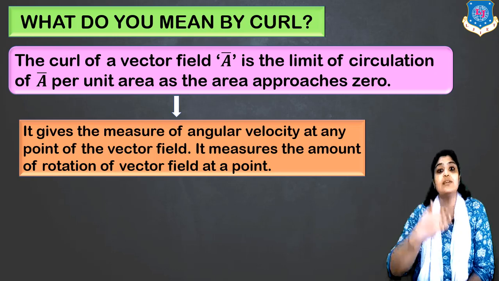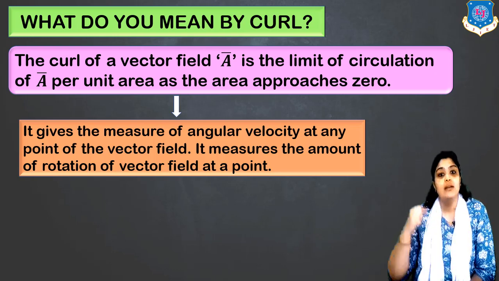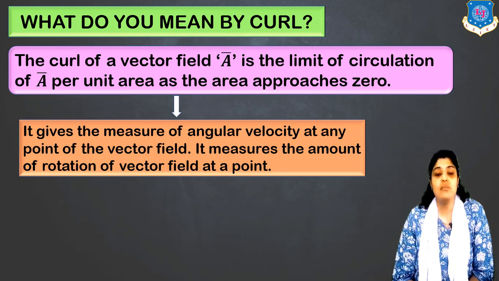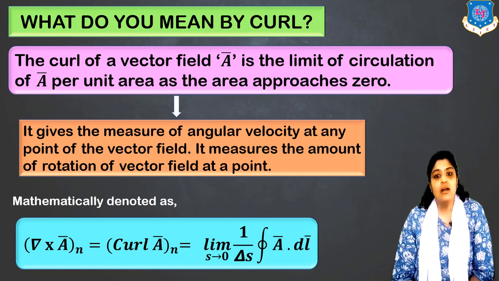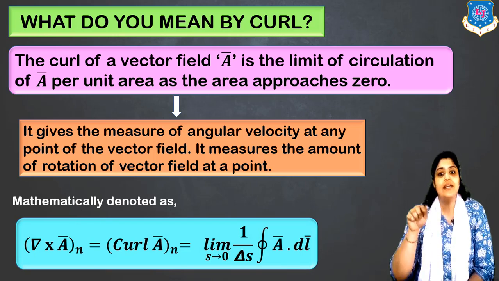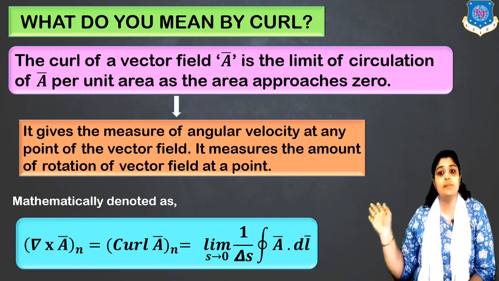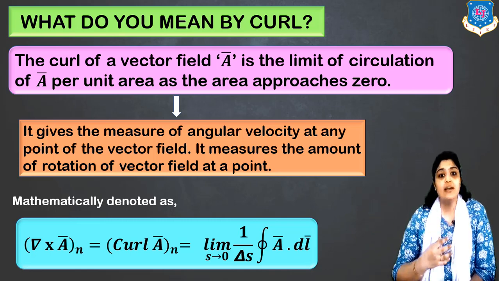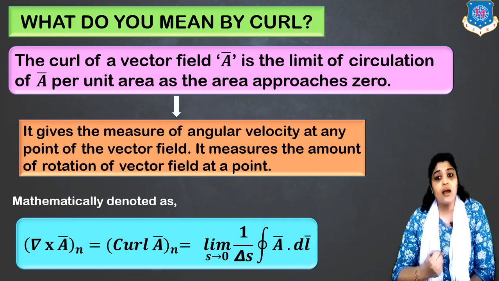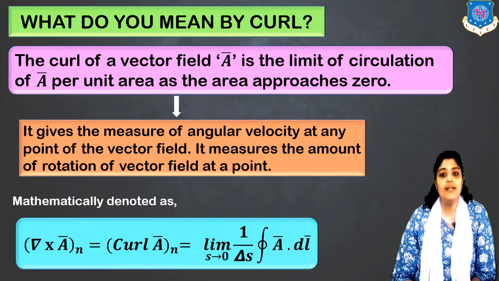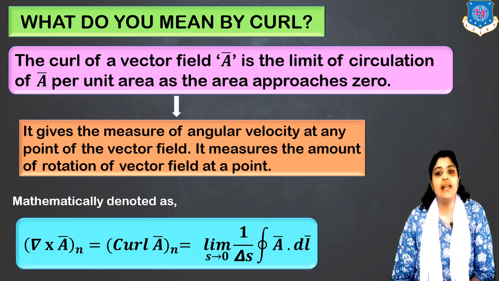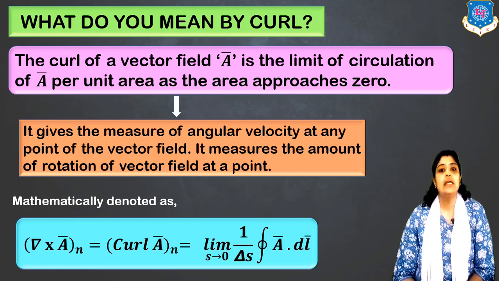How much that electric field is rotating at a point is the meaning of curl. Curl of A is written as inverted del cross vector A. It is equal to limit S tends to 0, because here we are considering that the area approaches 0, of 1 upon delta S times the integral of A dot dl.